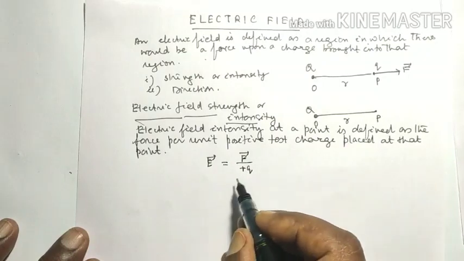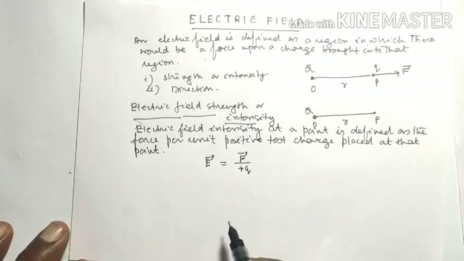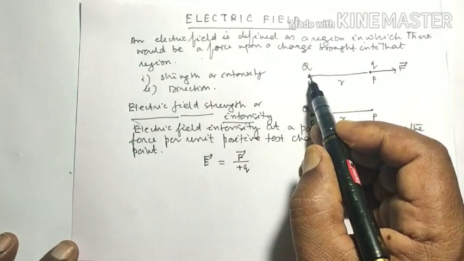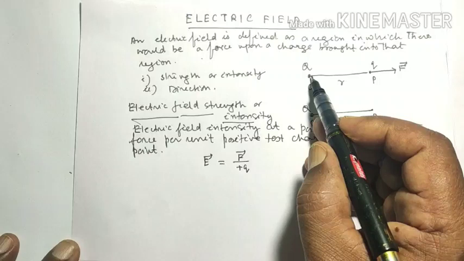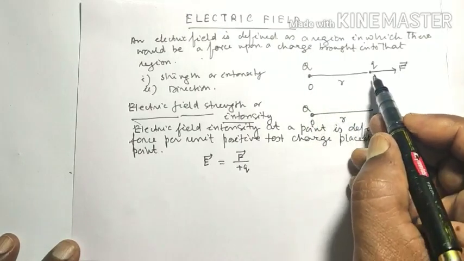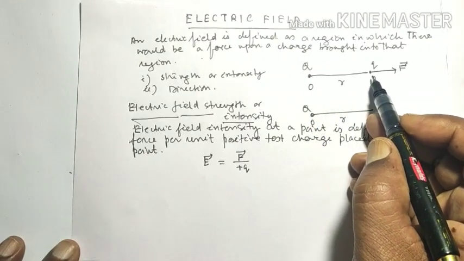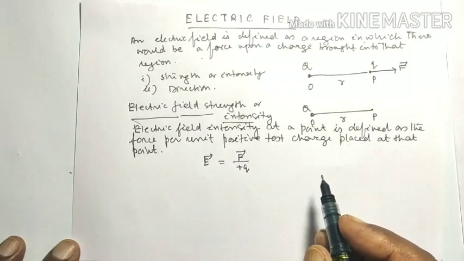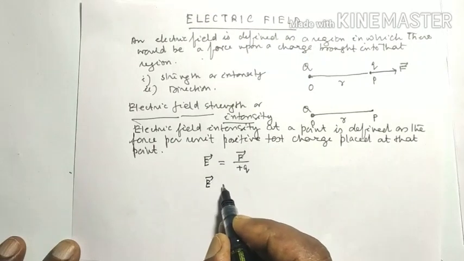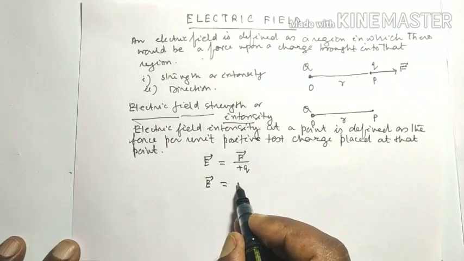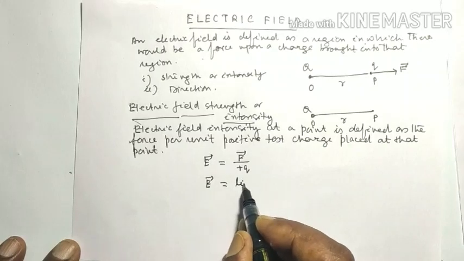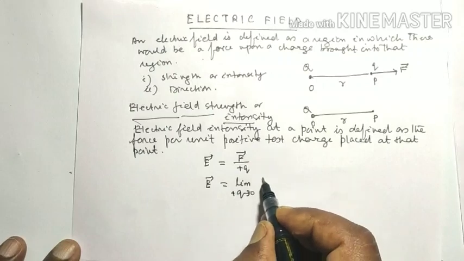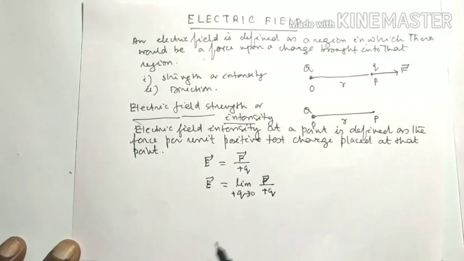Here q is the test charge and F is the force experienced by it due to the source charge. Test charge does not disturb the charge capital Q at its location. It is very small, so that the ratio F by q is finite. So we can write E as the limiting force to charge ratio, that is limit q tends to 0 of F by q.